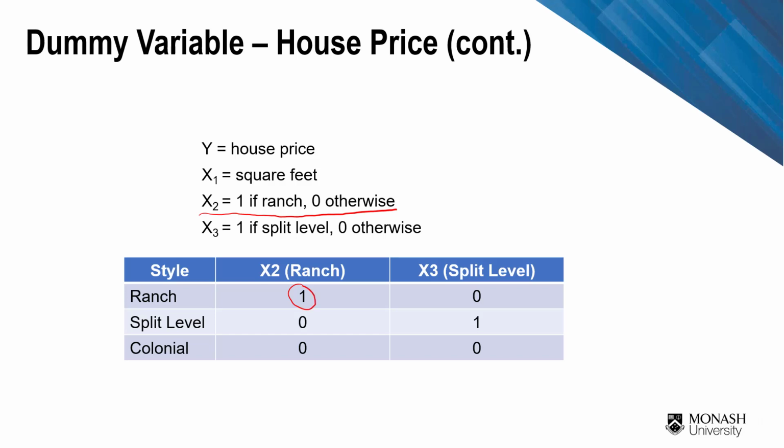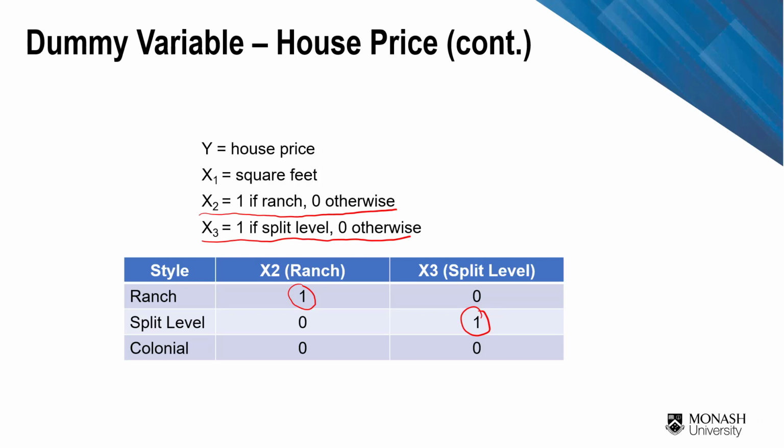And if it is otherwise, for example, split level is not part of ranch, so you will get 0. And colonial is also 0, right? Because it's not ranch. You only activate x2 when it is a ranch type of house. x3 is only for split level, so you only activate it if you have split level.